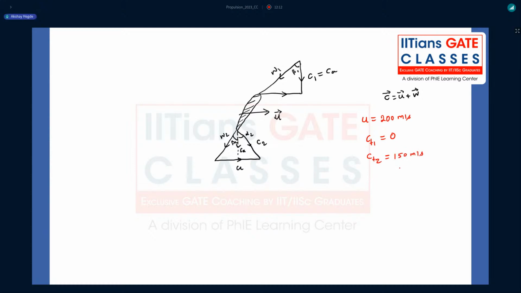So what is CT2? CT2 is this one, the tangential component of the absolute velocity vector. This is given in the problem.